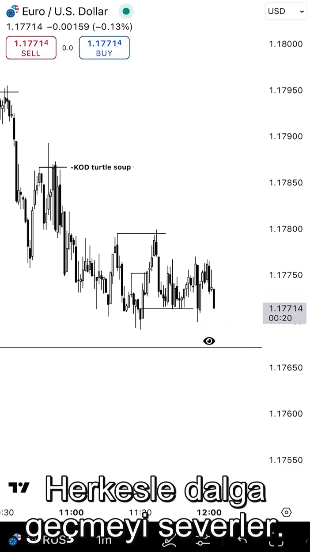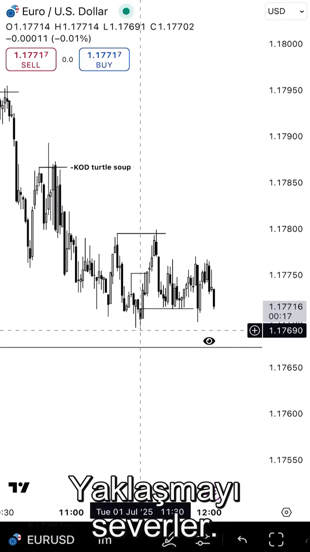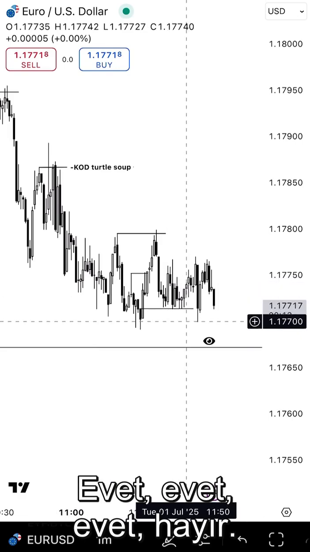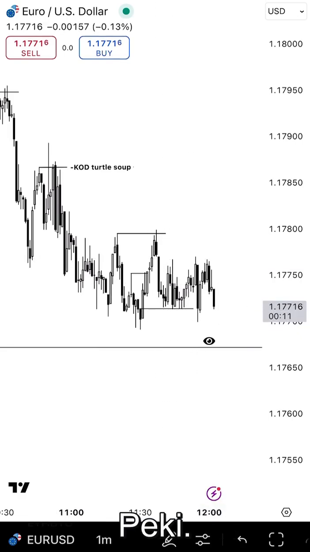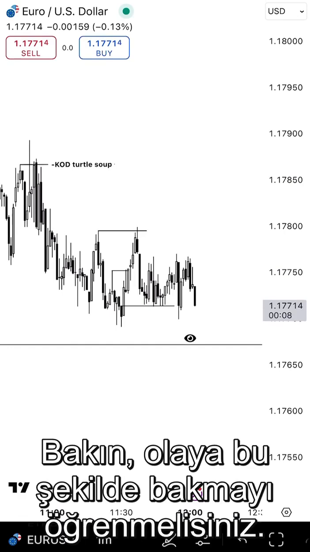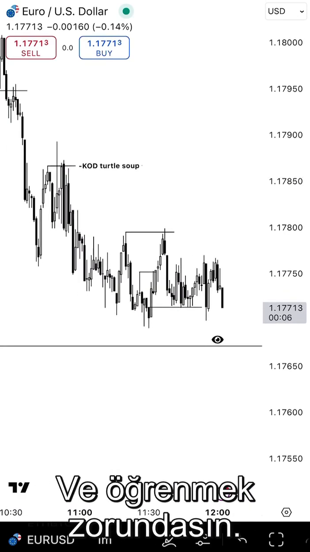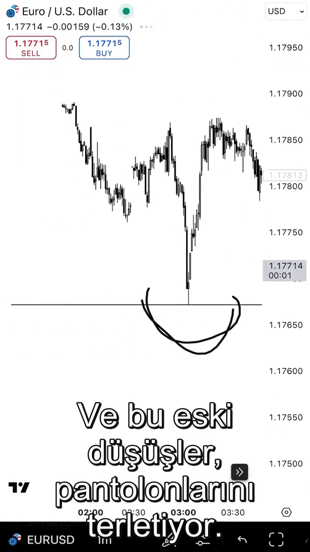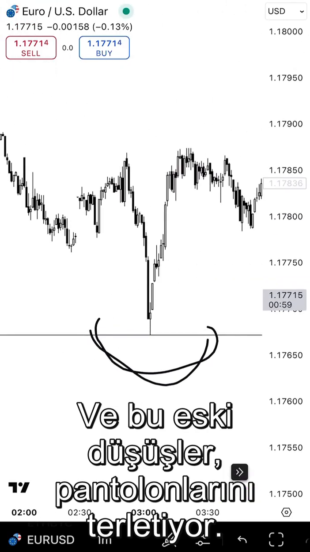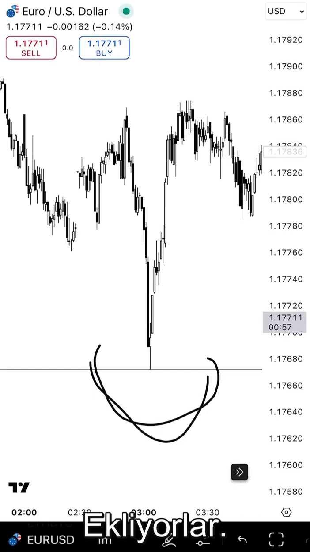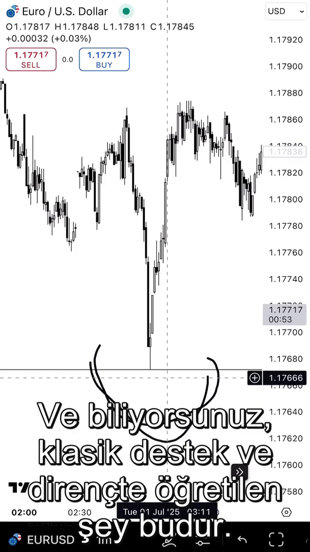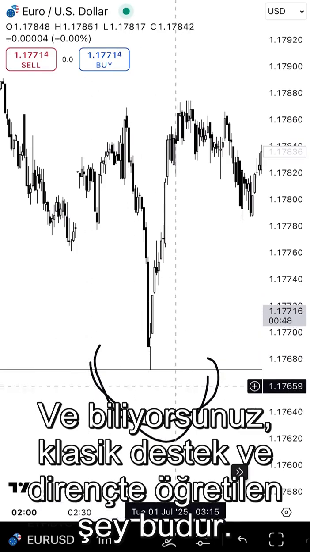They love teasing everyone. They love coming close and then, nope. So you have to learn to look at it that way. And this old low, they're sweating in their pants. They're adding. That's what's taught in classic support and resistance.